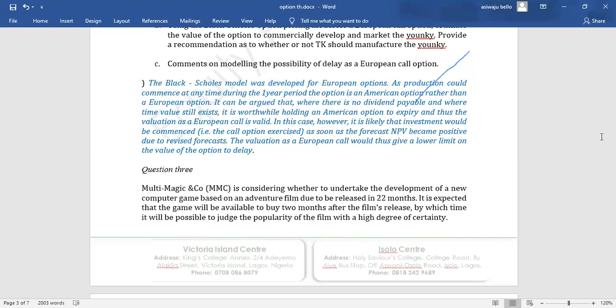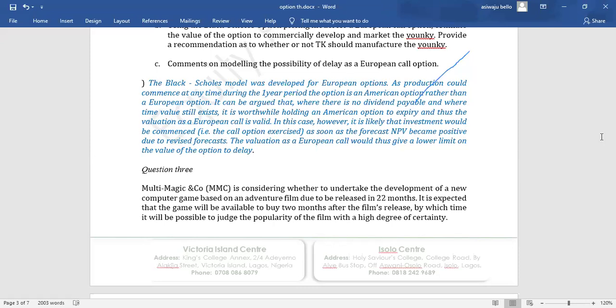It is not a must to wait until 1 year. You can commence production in 1 month's time, 2 months' time, 3 months' time. That is an American option contract.